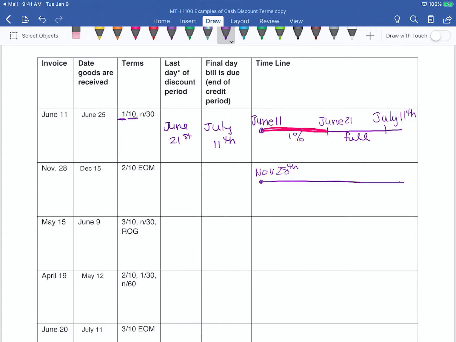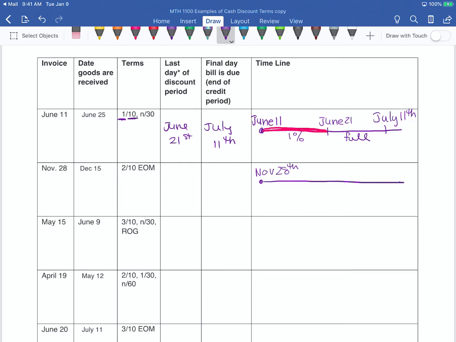Now, it does say end of month rule, so that means if it's on or before the 25th, I go to the 10th day, 1 month. If it's after the 25th, then I go out 2 months to the 10th day for my discount period. Since the invoice date says November 28th, that means I have to go out 2 months on the 10th day.